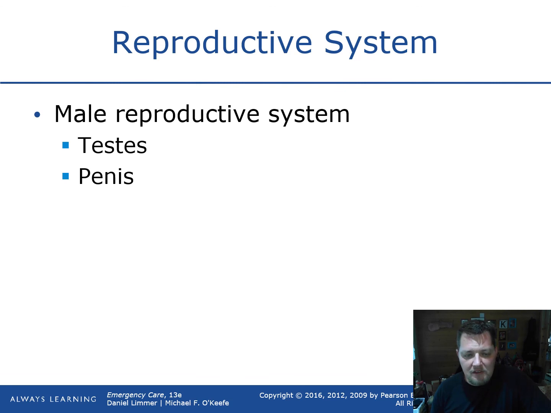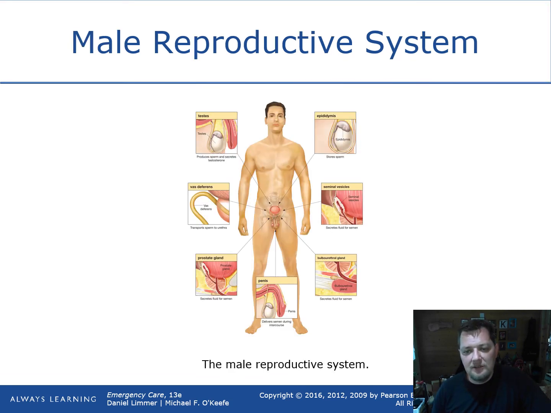The male reproductive system includes the testes and the penis. So we've got the testes, the epididymis, which stores the sperm right up here. Your vas deferens, which transports the sperm to the urethra.